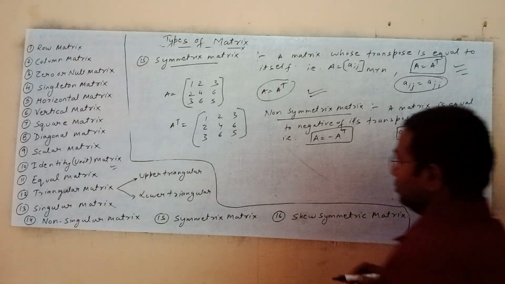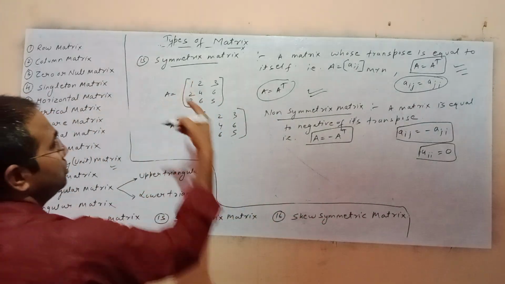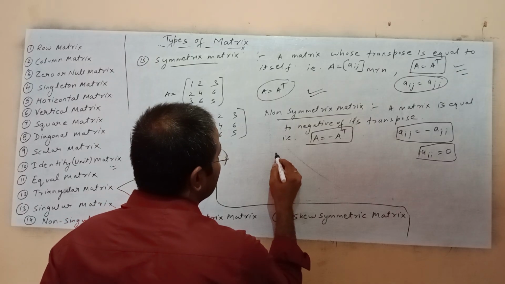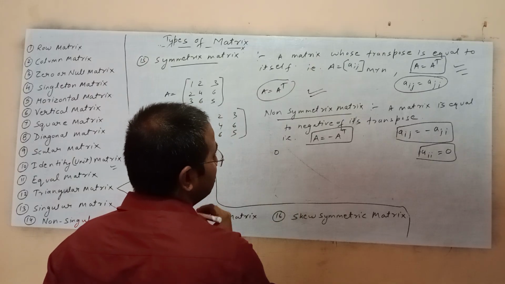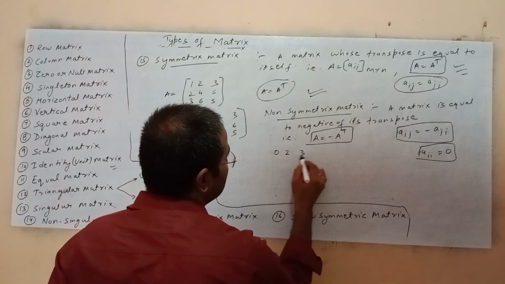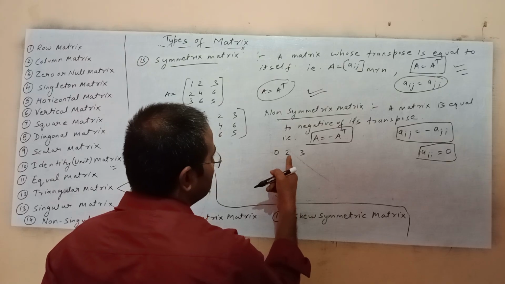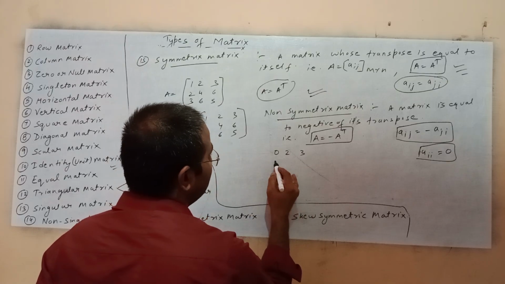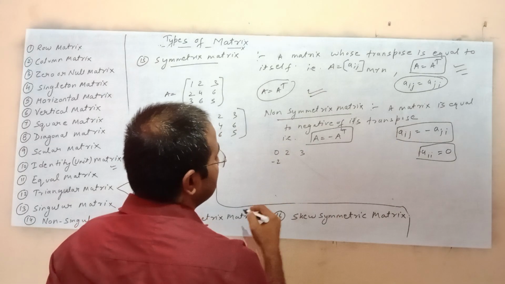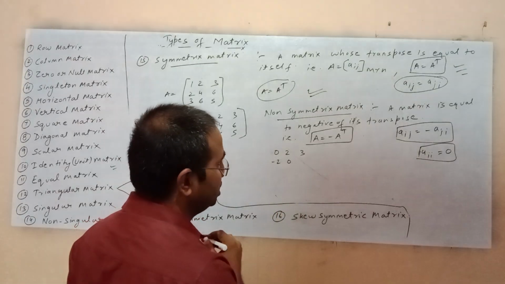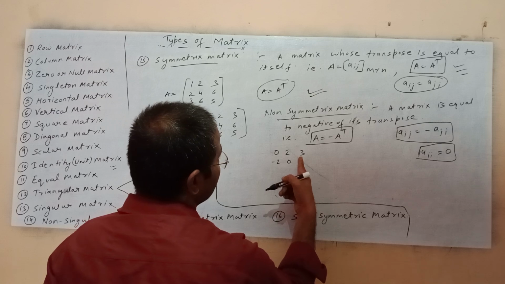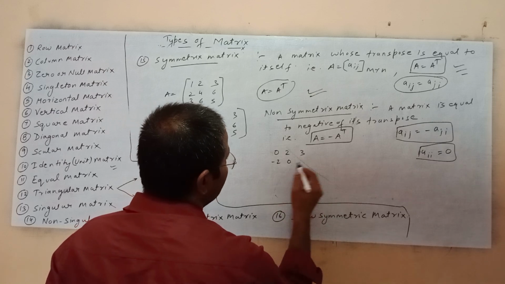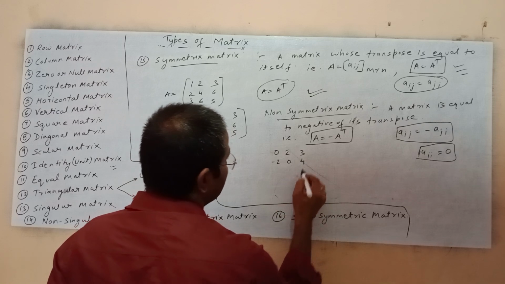Same thing you will write. Suppose you are writing 0, and II means A11 will be 0. Suppose you are writing 2 3. This is A12, so A21 will be minus 2. Here again 0 will be there. After that this is A23, so A32 will come here. Suppose you are taking 4 here.